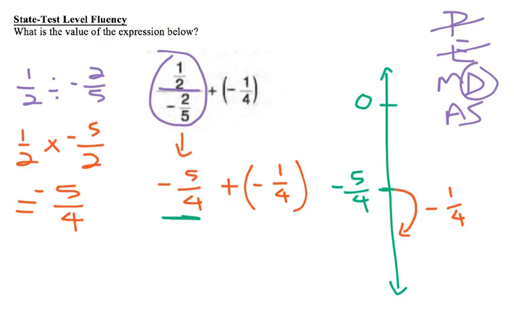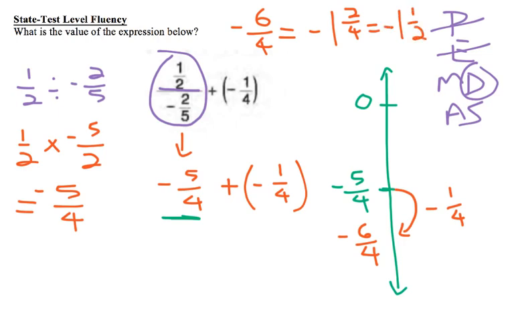And we're going down farther away from 0, so it looks like the numbers are getting larger, but really we're dropping down further below 0. And that's why your answer should be negative 6/4. And you should also know that that's equivalent to negative 1/2 and 2/4, which is the same as negative 1 and 1/2.